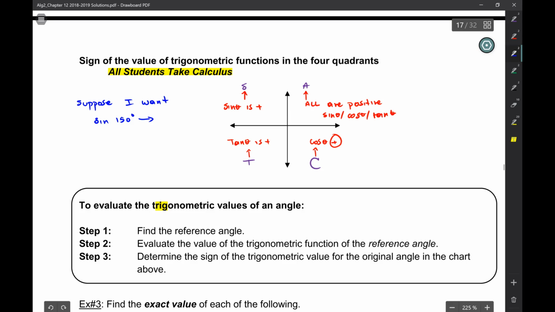Now, what if I want cosine of 150? Where's 150? Here. If sine is positive there, everything else is negative. So will cosine of 150 be positive or negative? Negative. Now, why are we doing all this?